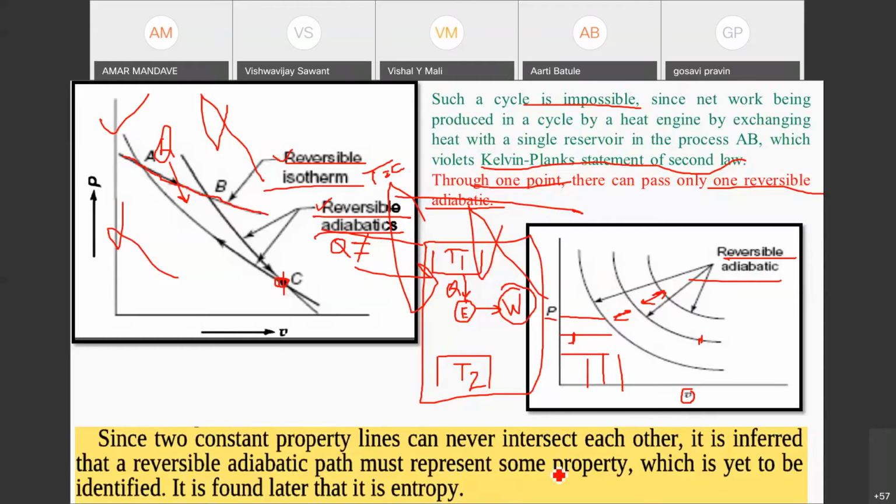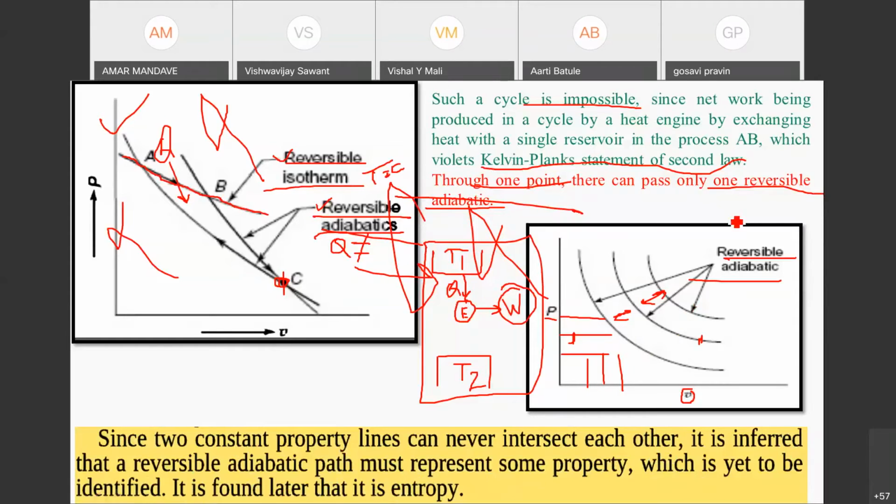Because the reversible adiabatic lines are parallel to each other, and as we know, when lines are parallel they always show some property of a system. Since two constant property lines can never intersect, it is inferred that a reversible adiabatic path must represent some property yet to be identified. It was found later that it is entropy.